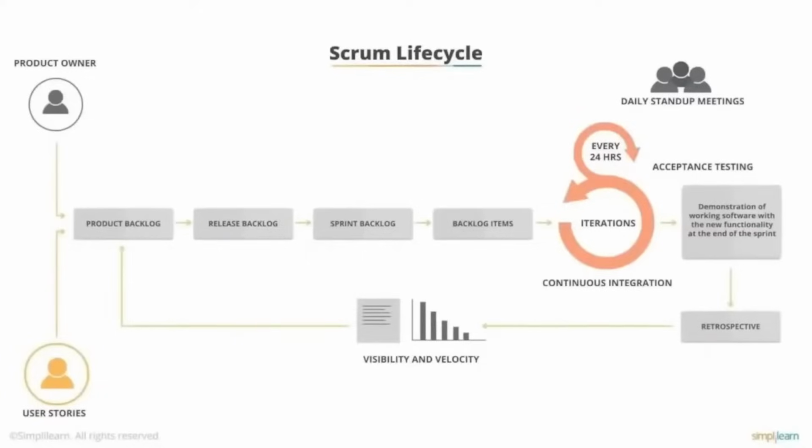In collaboration with the product owner, the team decides how to group the user stories into releases based on the product roadmap. Once the release planning has been completed, the user stories are then selected for a sprint. The duration of the sprint is going to be 2 to 4 weeks.